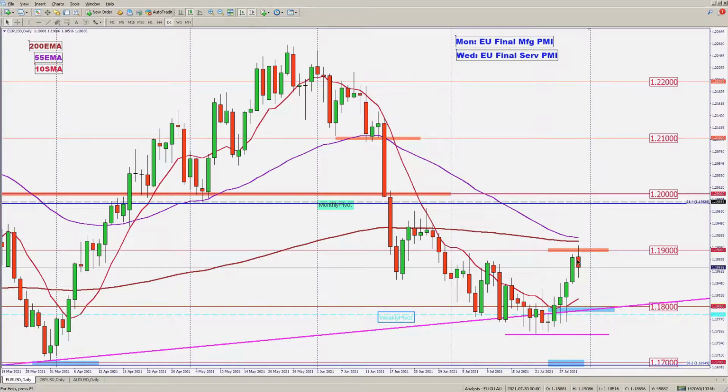Next week we'll see if it's able to continue higher above 119, but it needs to break above these two daily EMAs at 255, and also it's got to clear all these wicks where there's been some sell-off before. So this will also be fairly critical resistance levels.